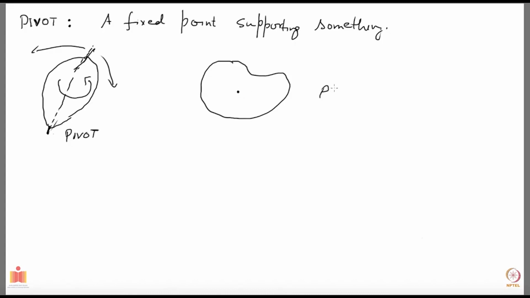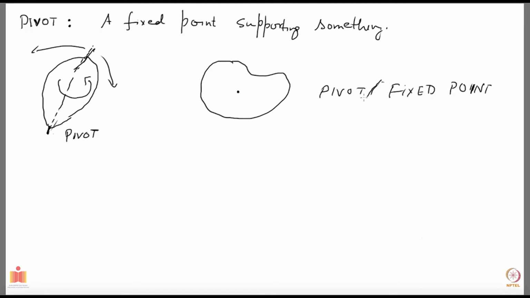It will again be a pivot, or more easily I will just say fixed point. For this, of course, you cannot imagine putting some wire or stand, because then it will immediately fix many other points. So you have to just imagine that somehow that point is holding there.